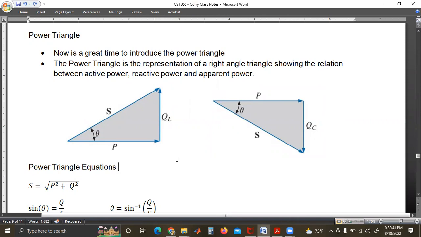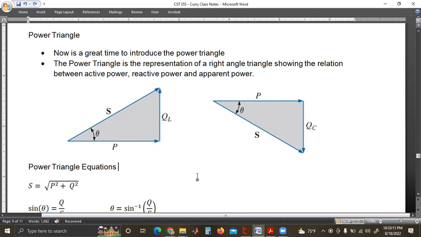So we can have an inductive load, which means that the current is lagging the voltage, and therefore the reactive power is more inductive. Or we can have a capacitive load, which means that the current is leading the voltage, and so therefore the reactive power is negative.